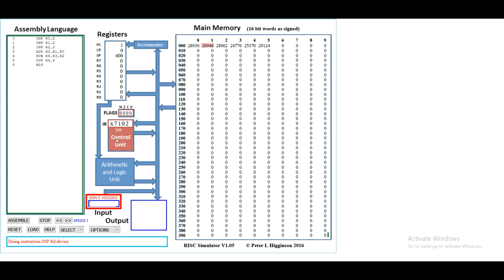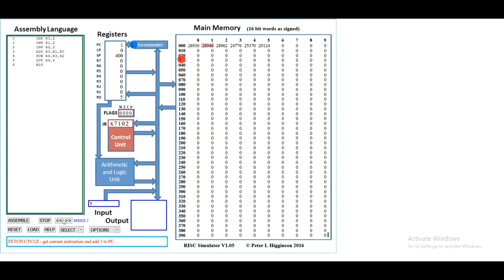The INP shows that the instruction is to input a value from the keyboard by the user. I enter the value 5 in the keyboard place. The value is transferred using the B bus and stored in the R0 register.